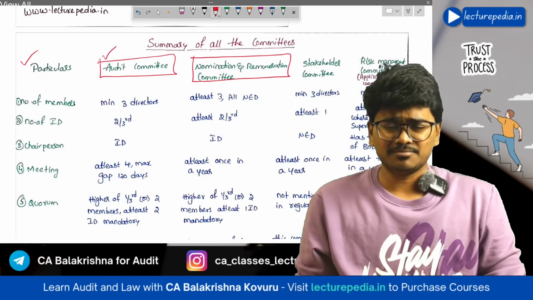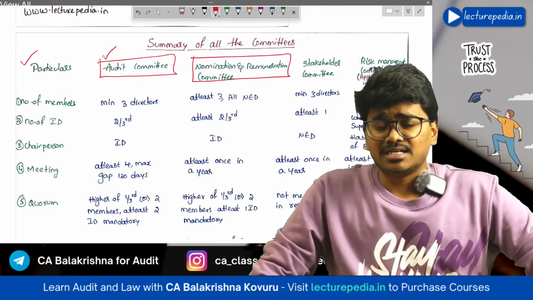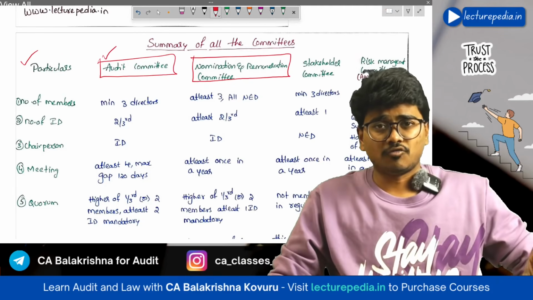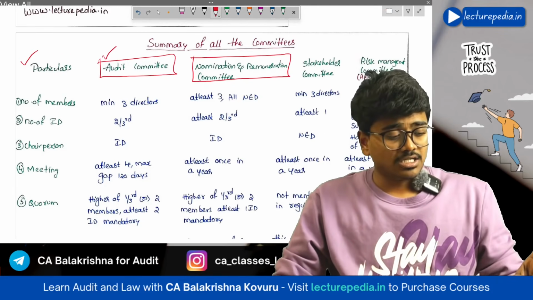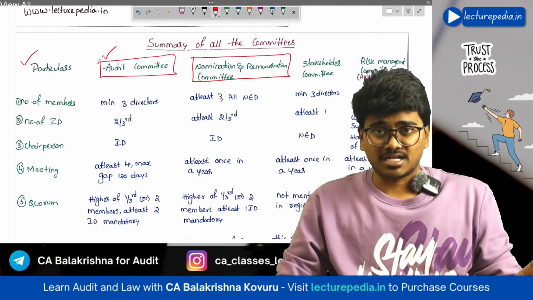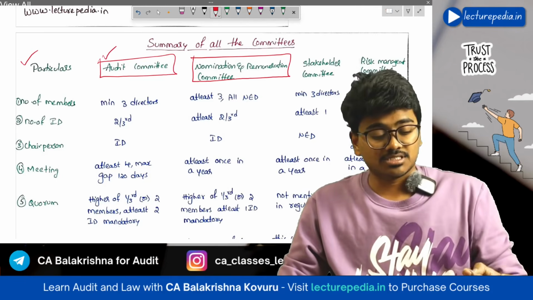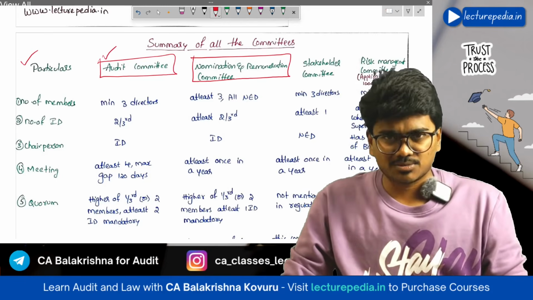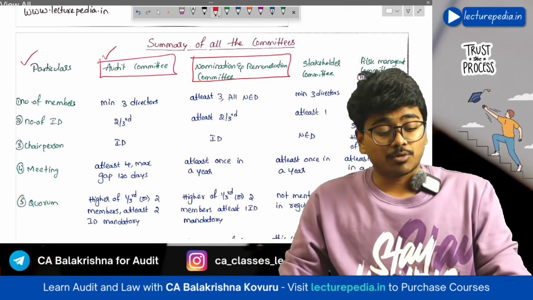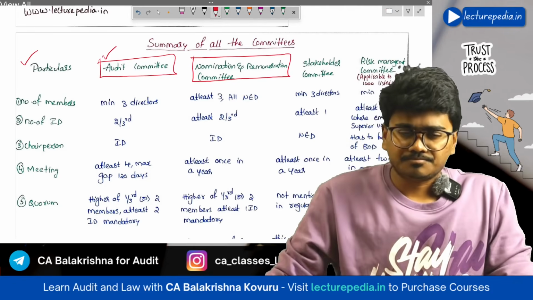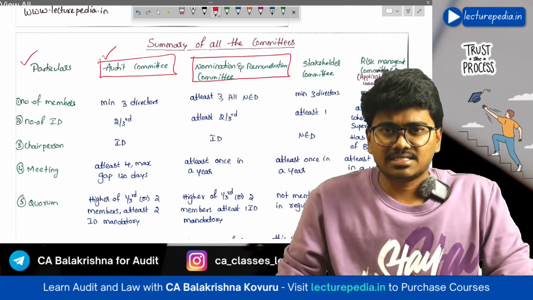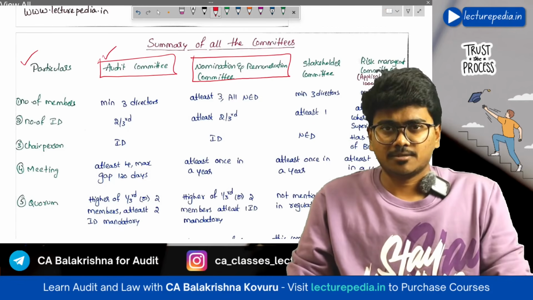Basically, the audit committee deals with appointment of auditor, suggestion of auditor. It also helps the company in preparing and reviewing financial statements. It will review the audit that has been done, and it will provide approval to related party transactions. These are the functions of the audit committee.